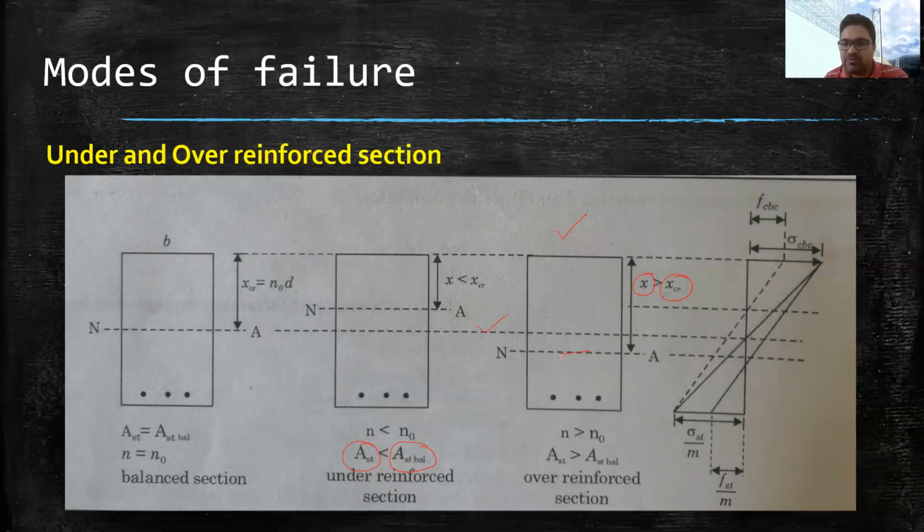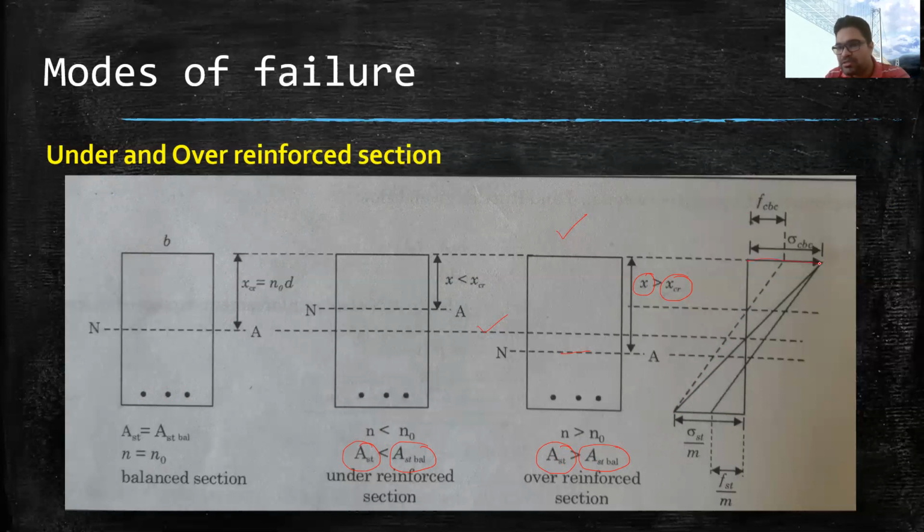While in case of an over reinforced section, we provide an area of steel more than that of the balanced section, which means we are providing steel more than required. In such a case, steel will not fail first, but concrete will fail first. Because of that, the strain diagram will look like this.